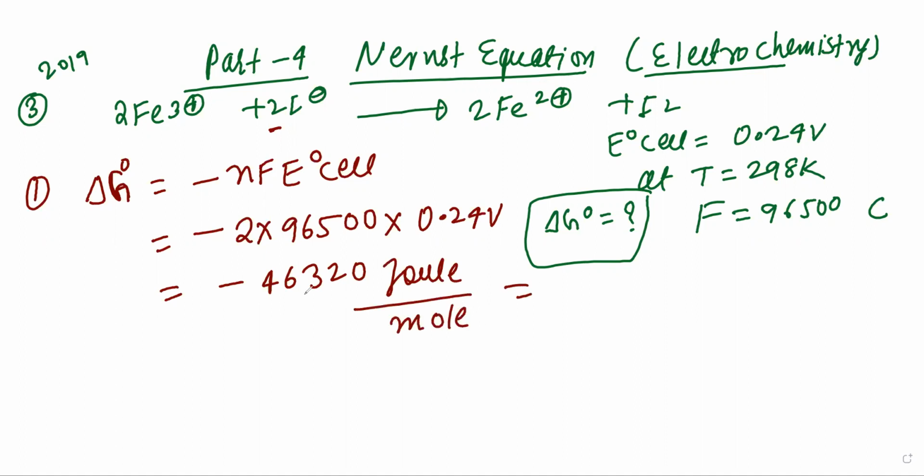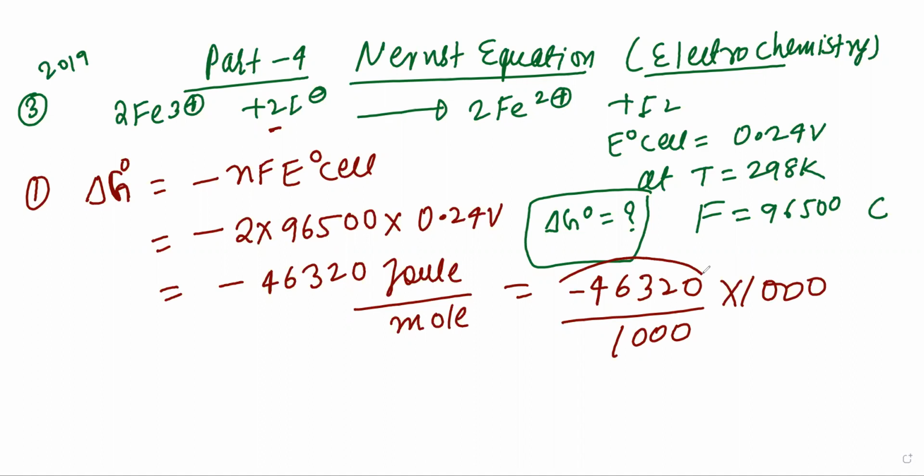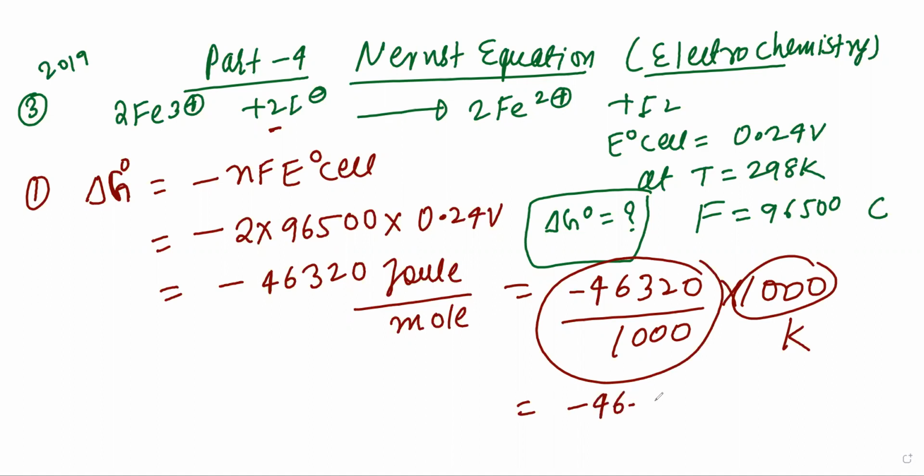Now convert it into kilo. So divide by 1000 and multiply by 1000. So this will become kilo and point is shifted here. So it will be minus 46,320 kilo joule per mole.